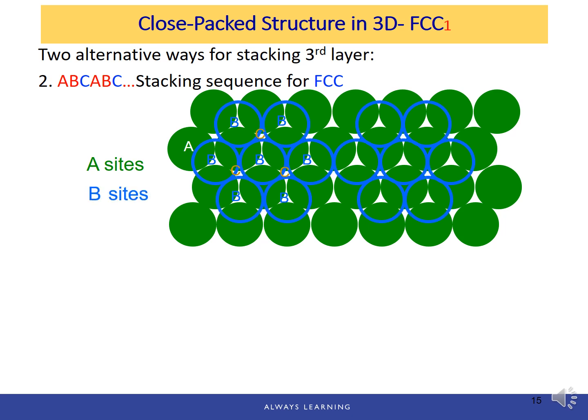Second layer, we're going to put the atoms on top of the B voids. And next layer, instead of putting directly on top of A, we're going to put on top of C. This will result in the FCC crystal structure. So FCC crystal structure has the ABC stacking sequence.